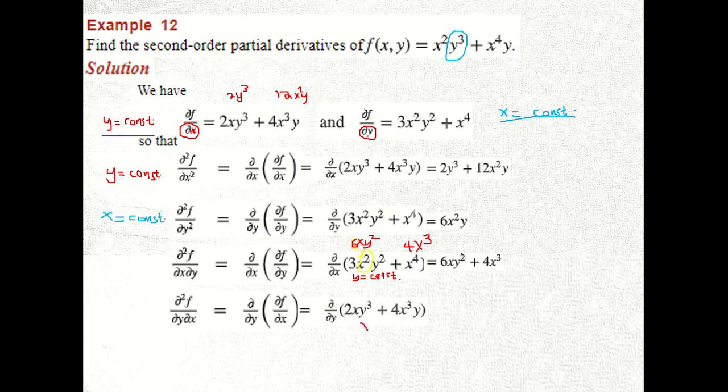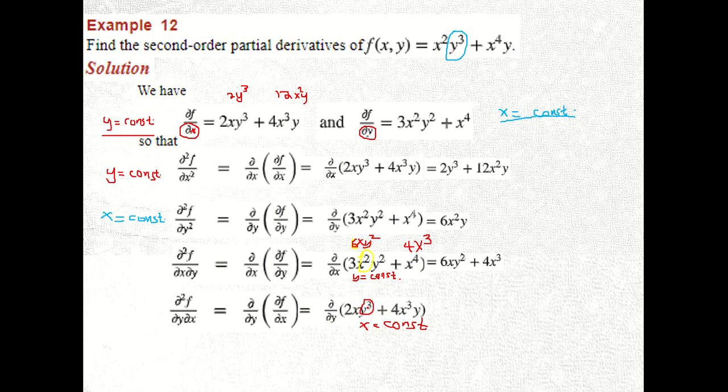So this time x is constant. Differentiating with respect to y, holding x as constant, 2 is constant, x is constant. So we have to differentiate only this part here, the y cube.